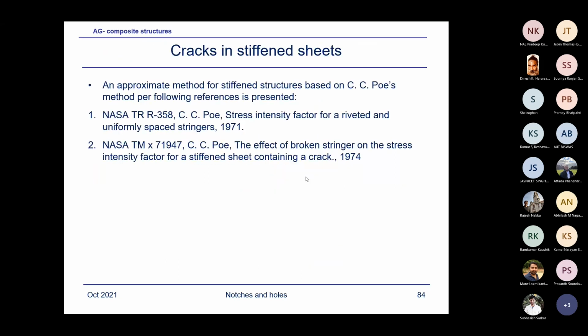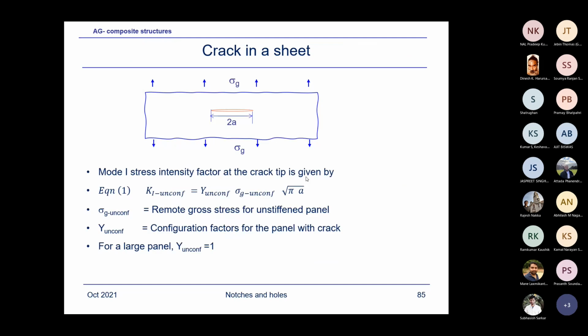Okay, so this is from Poe. Now, in order to provide you a summary of using this method, I define the mode 1 stress intensity factor. The crack tip is given by K1 unconfigured. Unconfigured means not a stiffened panel here, just a plain sheet with a crack of 2a.